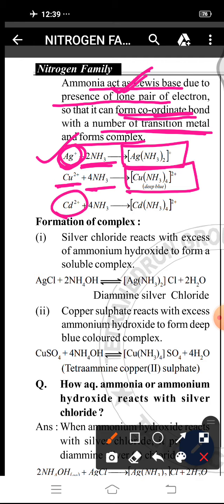When cadmium reacts with ammonia, it forms this type of complex. Ammonia forms complex due to presence of lone pair of electron, for which it is capable of forming coordinate bond with transition metal. So due to formation of coordinate bond with transition metal, it forms complexes.